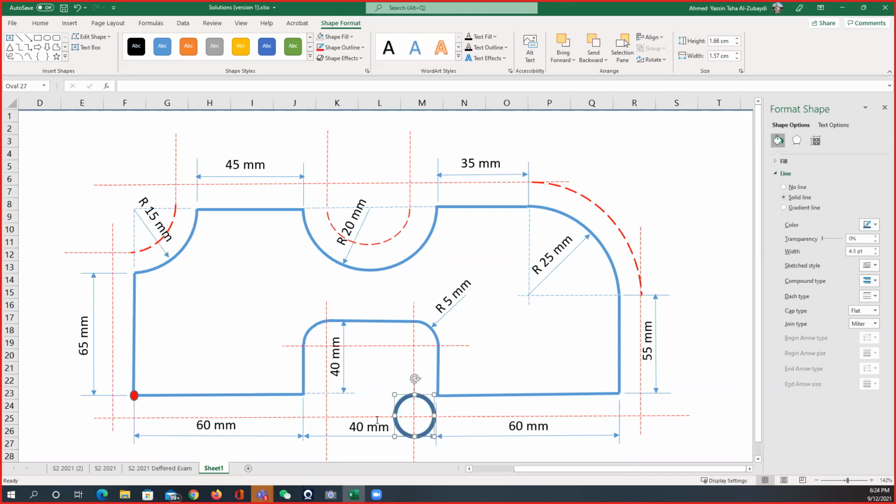So the point here is 95 for the x and minus 5 for the y. The x remains the same, 95. But for the y, we got 40 minus 5, so 35 for the y here.